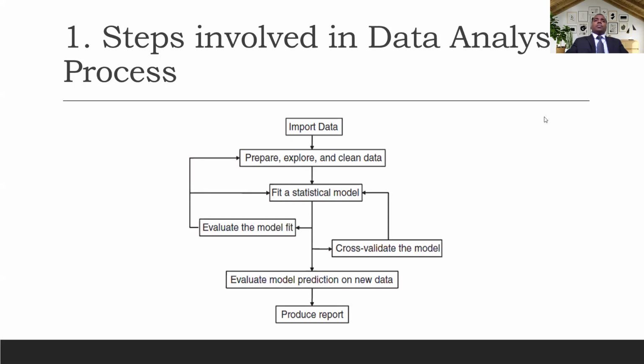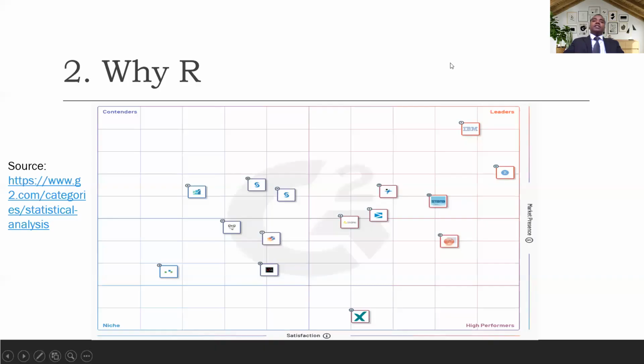So our next topic is why R, as there are already many tools available in the market. In this slide we see there are many statistical tools. These are very top tools, but there are many tools in the market available as per your needs and requirements.